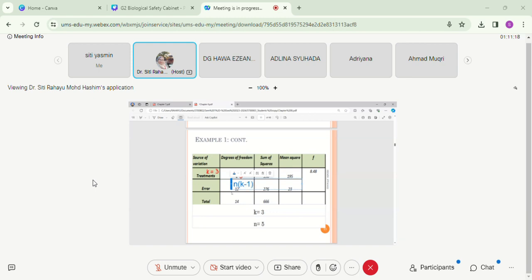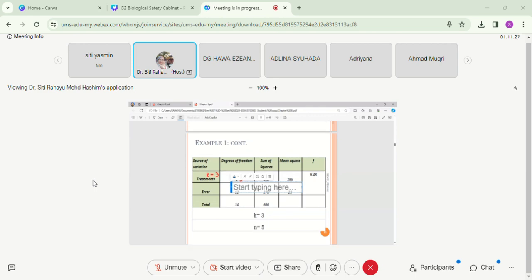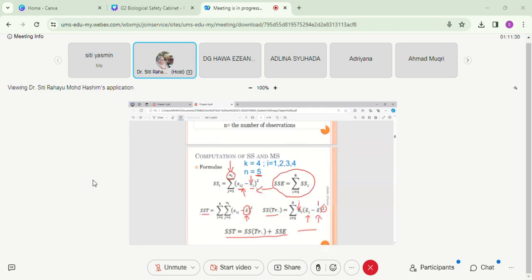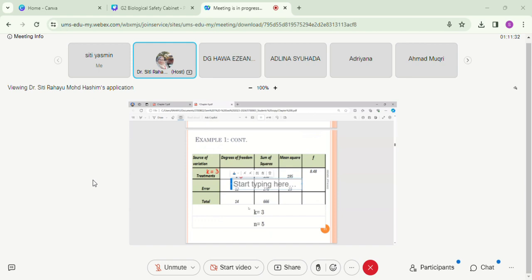So 3 times 4, sorry, and minus 1, is 12. And then we have 14 here for the total.